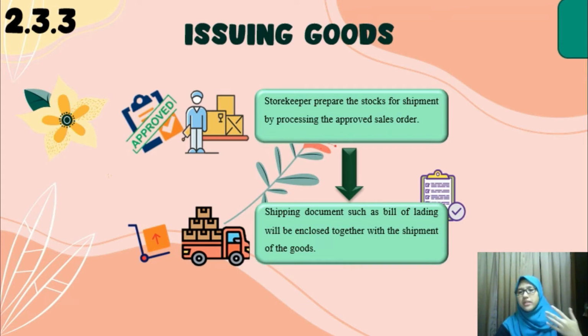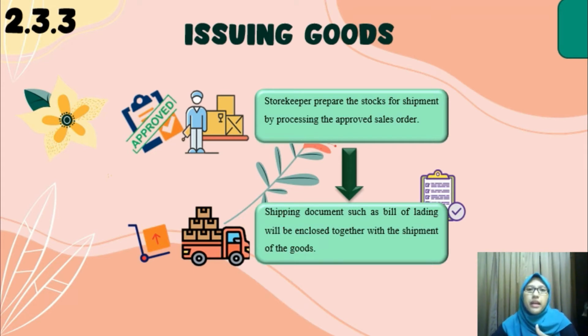At the warehouse, there is a storekeeper who is responsible for maintaining the stock of goods. When the storekeeper receives the approved sales order, they will process the order and prepare the stocks for shipment for delivery.